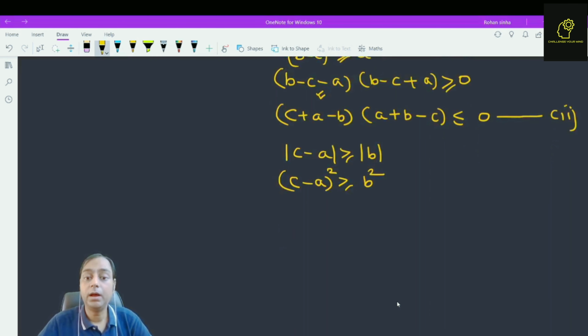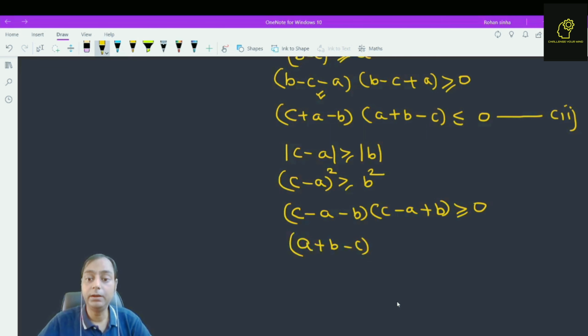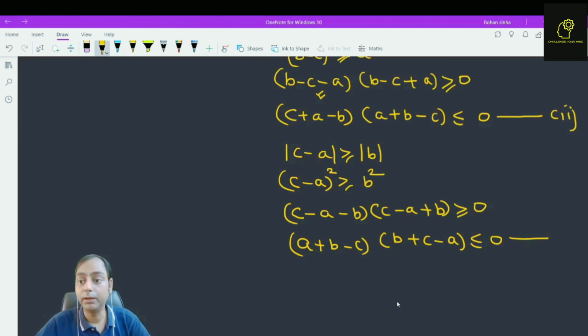Again, after simplifying, we find (C minus A minus B) into (C minus A plus B) is greater than or equal to 0. Taking minus common here, we find (A plus B minus C) into (B plus C minus A) is less than or equal to 0. Say this is equation number 3.